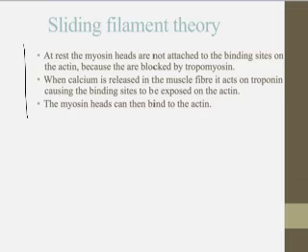Once that occurs, the myosin heads can attach to it and start moving it. So the thing to take from that is that calcium is the key thing to starting muscle contraction. Without calcium, muscle contraction doesn't work. Calcium is ultimately released from the sarcoplasmic reticulum, but we'll do that in a bit more detail shortly.